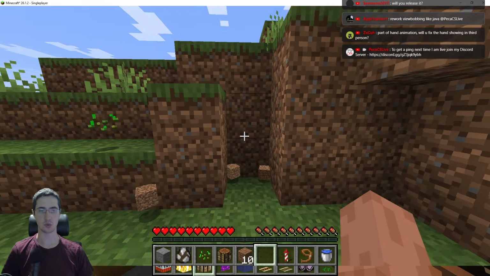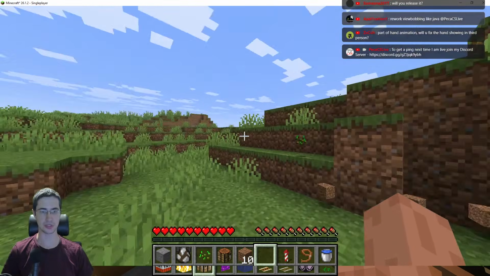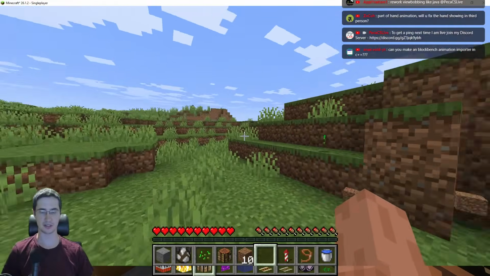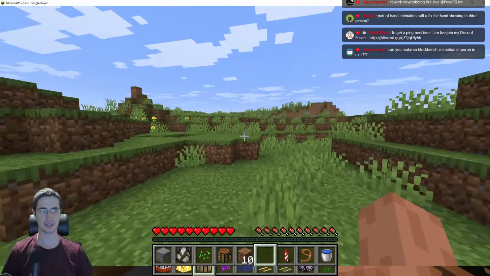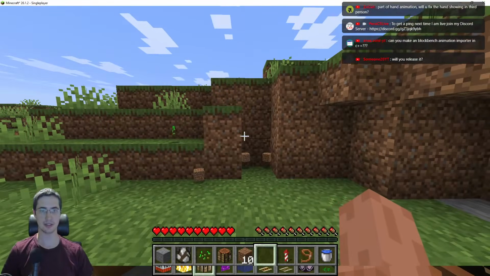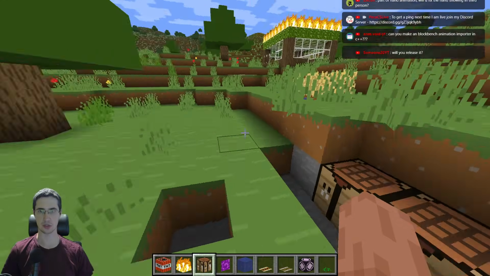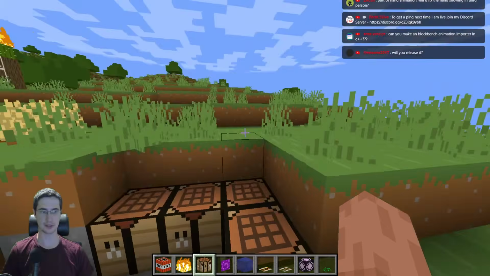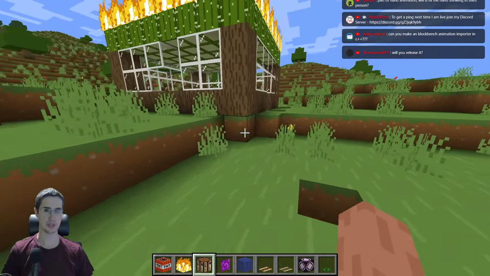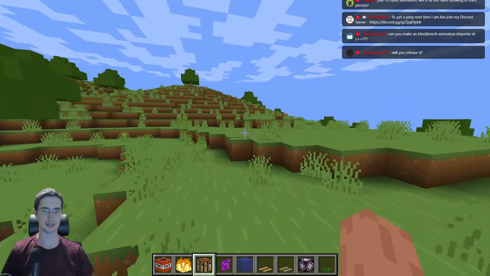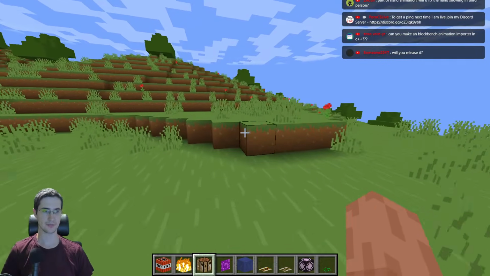And if possible, we'll do this, where the hand has a little bit of delay when moving left and right. We don't have that in our clone currently. But at least we have the view bobbing, where while you move, the hand moves a little bit.